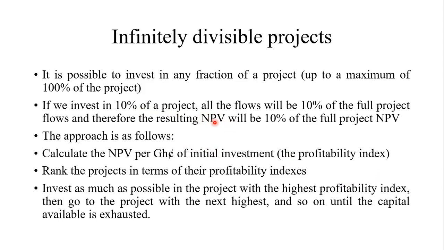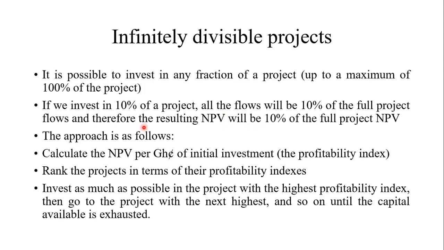So if say the 100,000 was going to give us 2,000, right? Then if you carried out 10% of the project, then your NPV would be 10% of 2,000 Ghana cedis, right? So this is what it means.